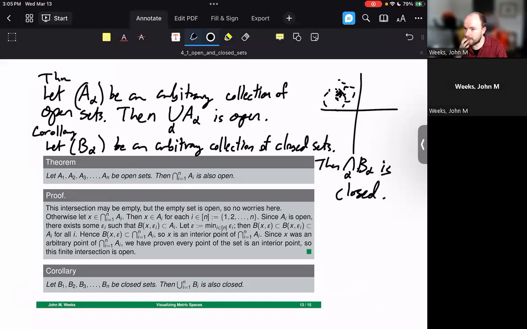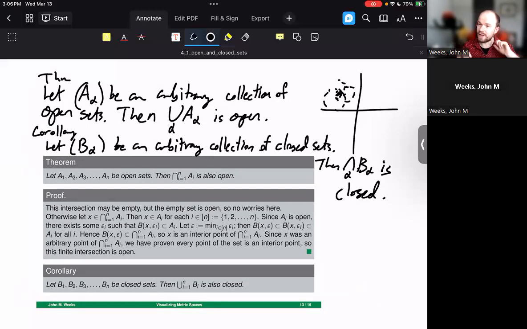So notice where this is coming from. Where is that corollary coming from? It's coming from exactly what we just proved. What we just proved is that when you take a complement of open sets, you get closed sets. Remember, we said complements of unions become intersections.